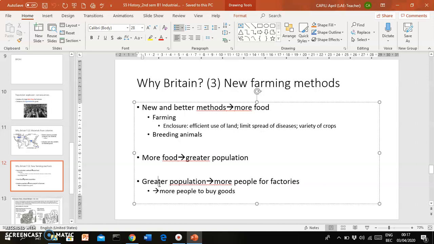And like we said before, more people in general meant more consumers to buy your products. So you can understand that all of this was interconnected. A development in one area definitely had effects also in other areas.